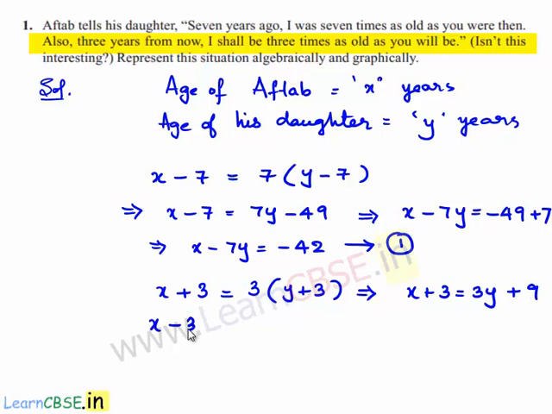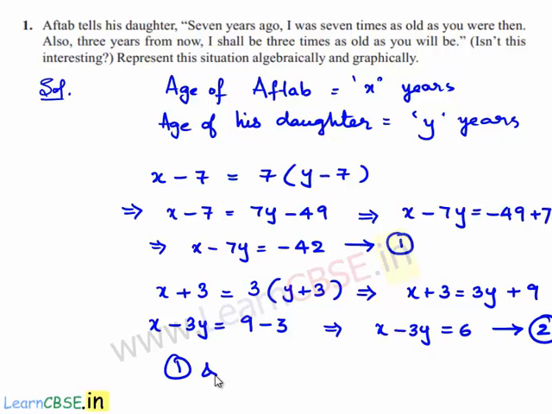So x minus 3y is equal to 9 minus 3, which is nothing but x minus 3y is equal to 6. Let this be equation number 2. So the first and second equations are the algebraic representation of the given two conditions.